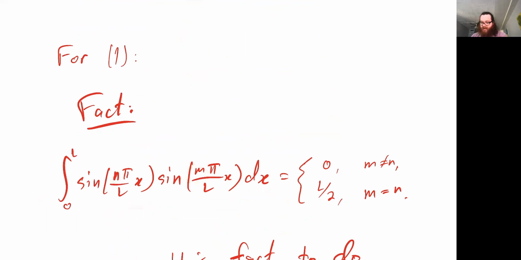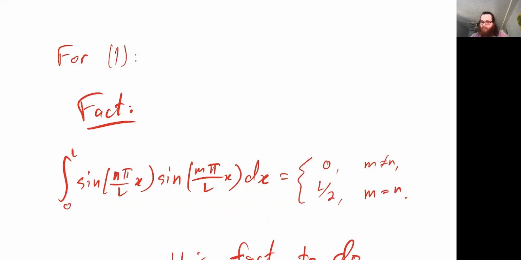If n and m, these coefficients here, are different, then this integral is 0. If n and m are the same, then this integral is going to be L over 2, or physically, half the length of the interval you care about.